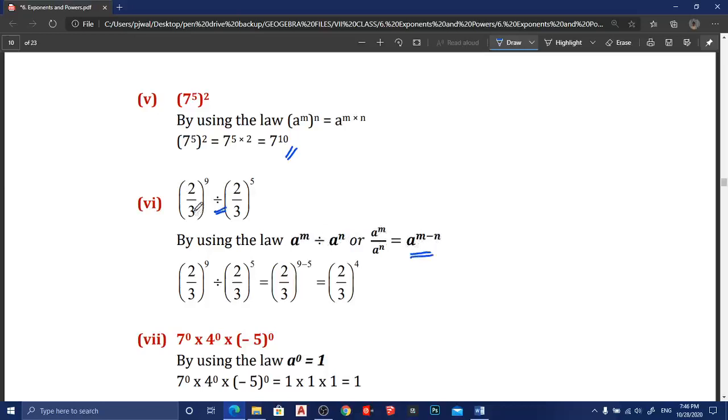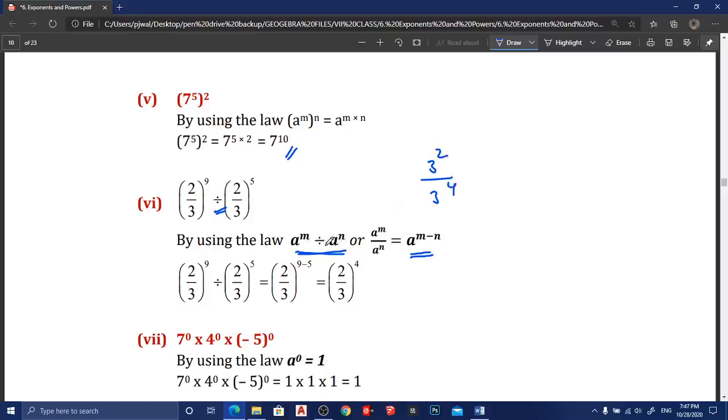Okay, if the problem is given like this, you have to take this one. Okay, if the problem is given in the form of fractions like 3 square by 3 to the power of 4, like that, you have to think about this one. Both expressions are equal, but here it is given in the form of the fraction. You cannot write this like this. That's why you are writing this separately like this.